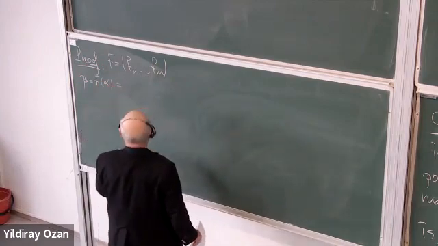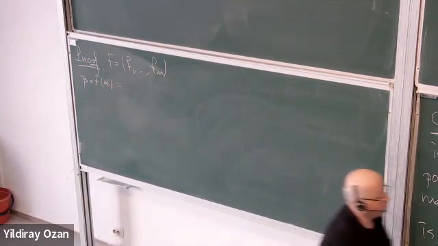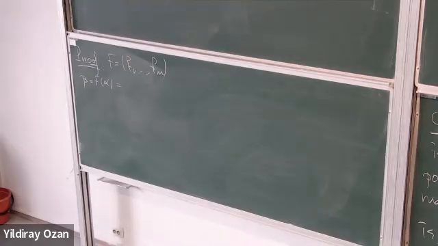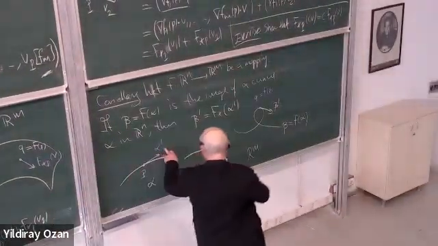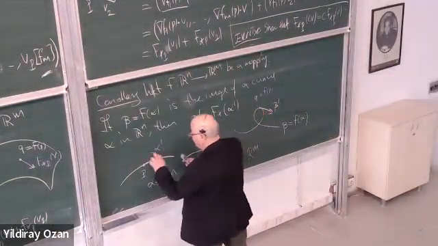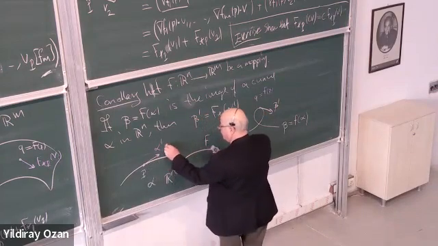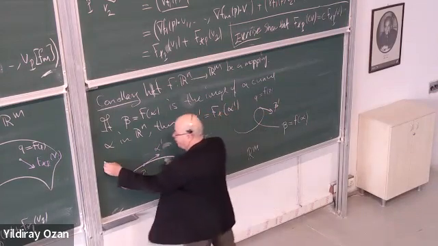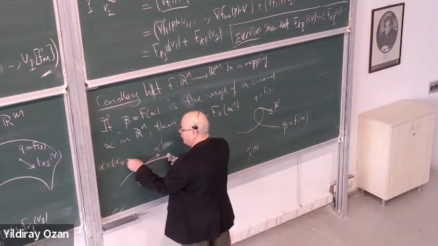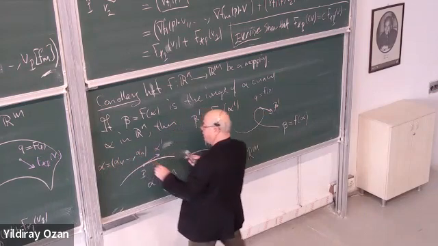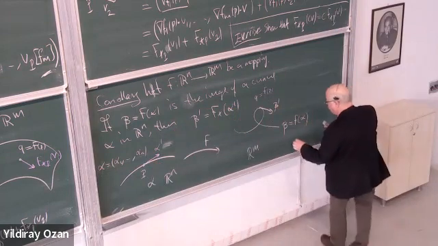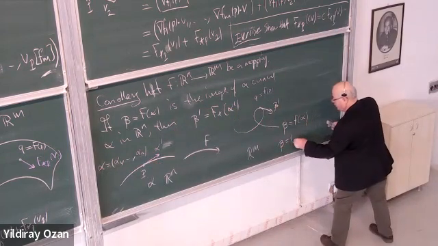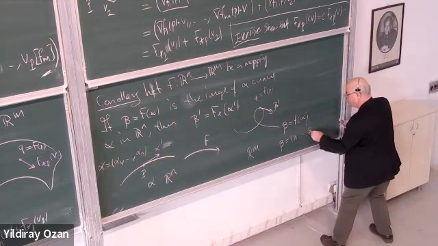Alpha is, of course, what? Alpha is a curve in R^n, right? So alpha has coordinates, let's say alpha 1 up to alpha n, and beta has coordinates beta 1 up to beta m.